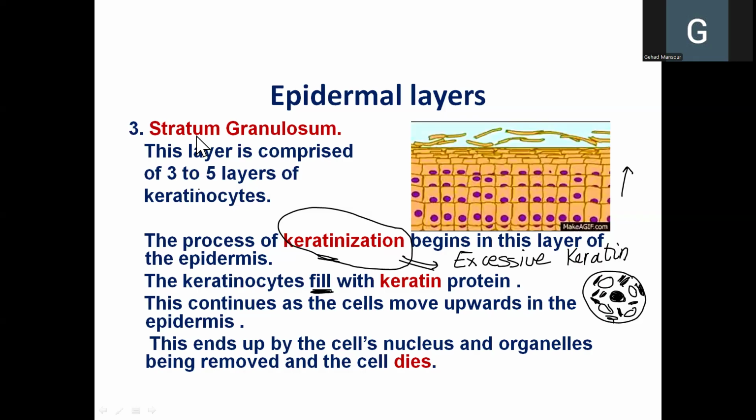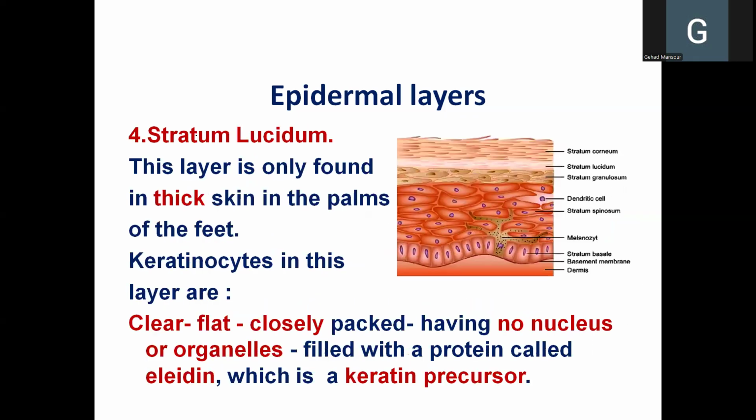So keratinization will continue in the upcoming layers, but it starts in the granular layer. So if I ever ask you about the layer where keratinization starts, you will say that it starts in the stratum granulosum.